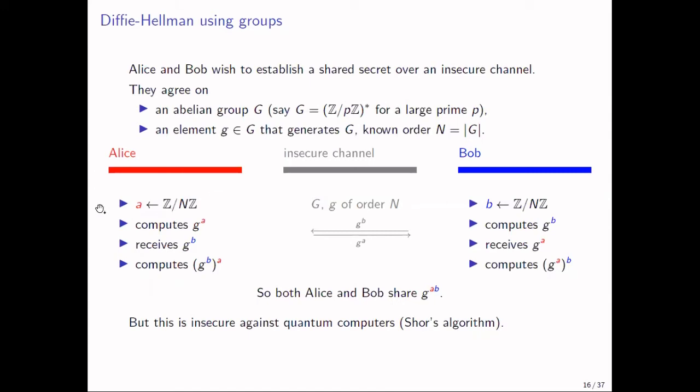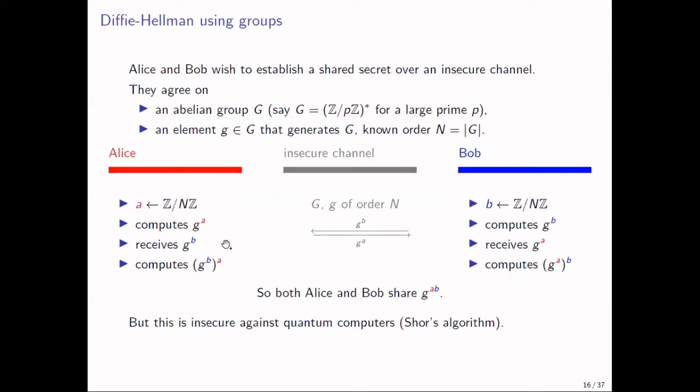So Alice takes some random integer between 0 and n, and she computes the power of the generator. Bob takes a random integer between 0 and n, and computes the power of the generator, and then they swap these values. So Alice sends g to the a to Bob, and Bob sends g to the b to Alice.